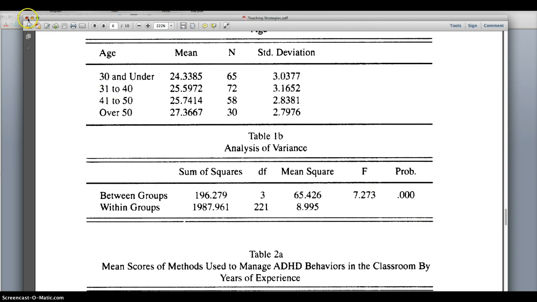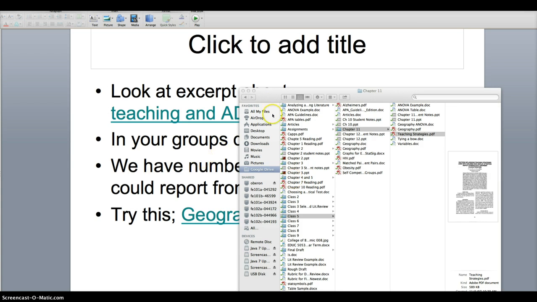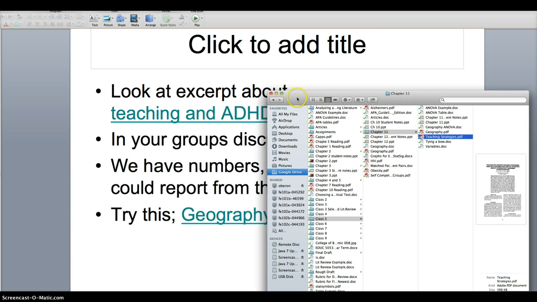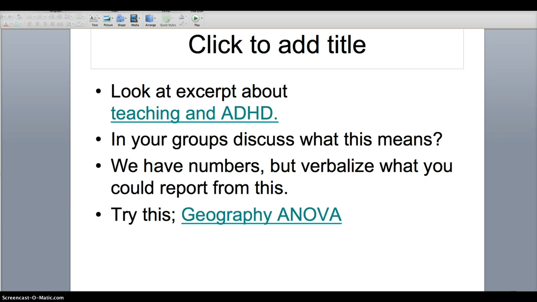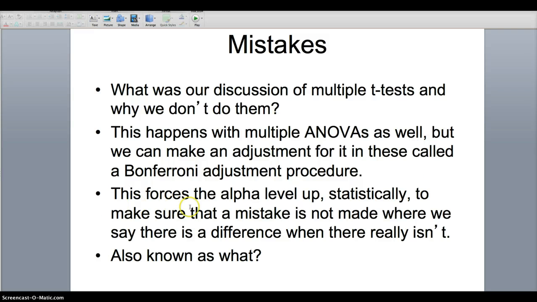So you'll have a discussion thread based upon the geography paper that we used in t-tests, and we'll just briefly go through it. There's just about 4 questions that are associated with the ANOVA. We just discussed previously we don't use multiple t-tests because every time we use a t-test it creates error.